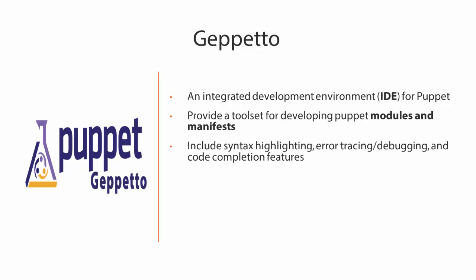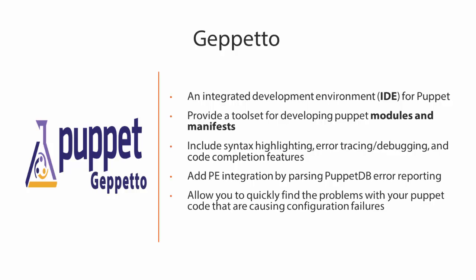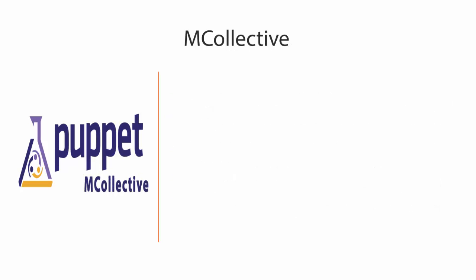Geppetto includes syntax highlighting, error tracing, debugging, and code completion features. Also, it adds Puppet Enterprise integration by parsing PuppetDB error reporting. Using this, you can quickly find problems with your Puppet code that are causing configuration failures.